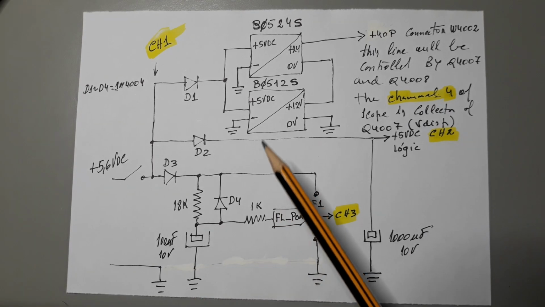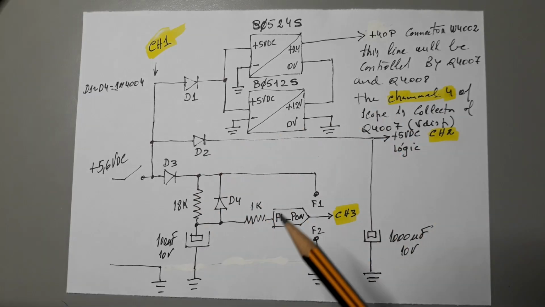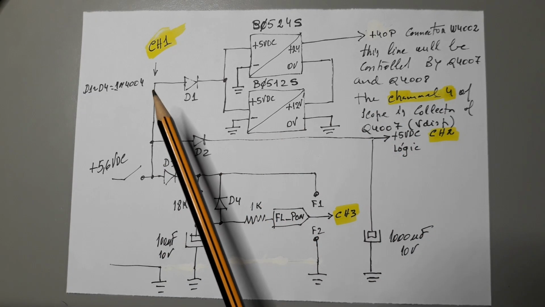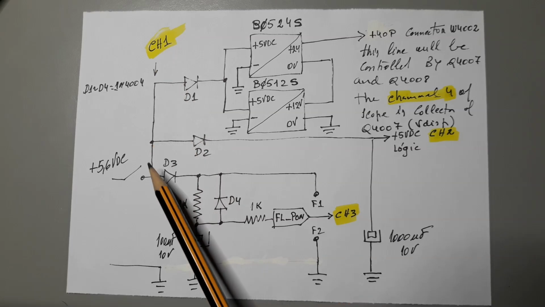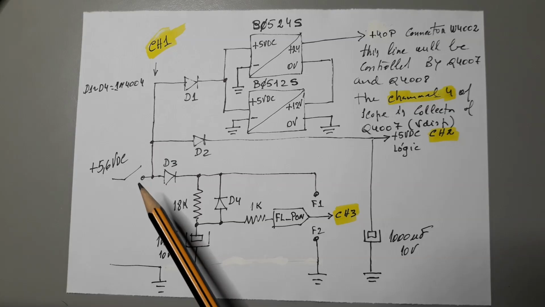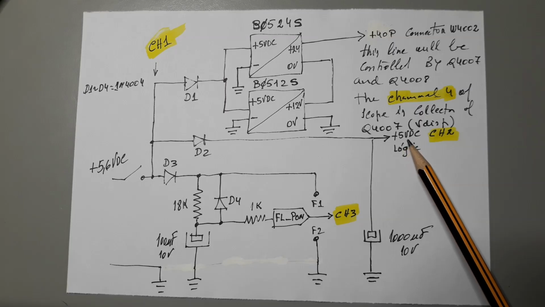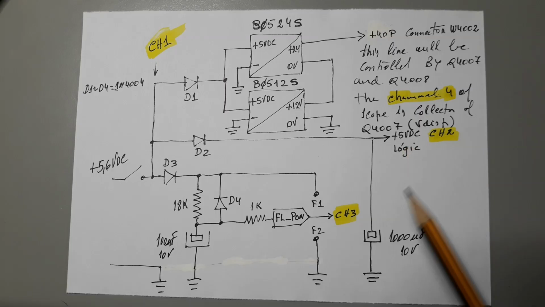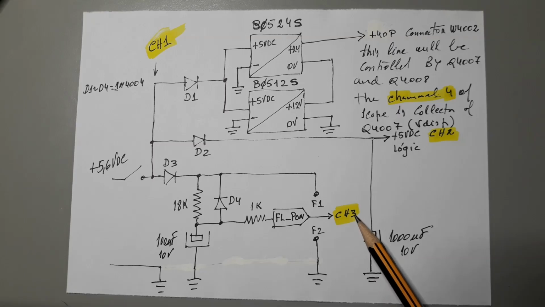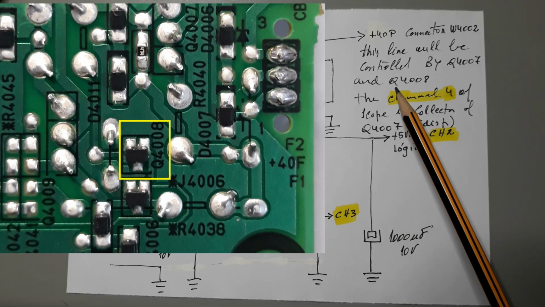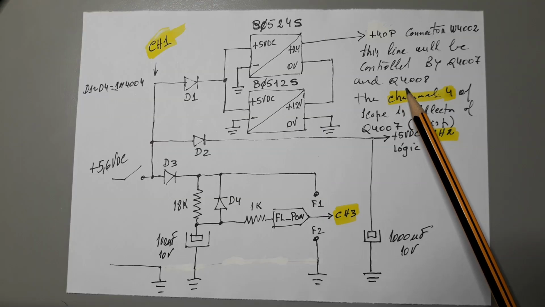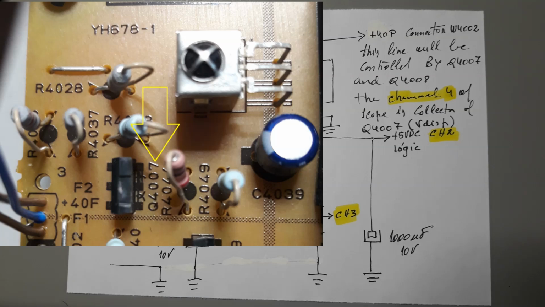I marked in the schema the points where I connect the probes of the scope, okay? Channel 1 is directly on the input. Channel 2 is connected to the plus 5 volts DC of the logic. Channel 3 is connected to the point responsible to activate the transistor base Q4008 and activate the next transistor.